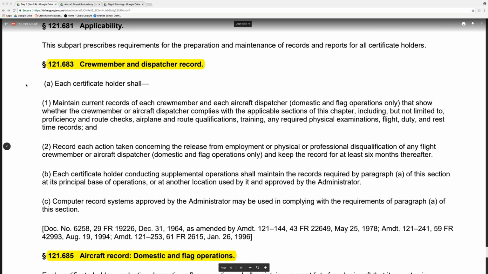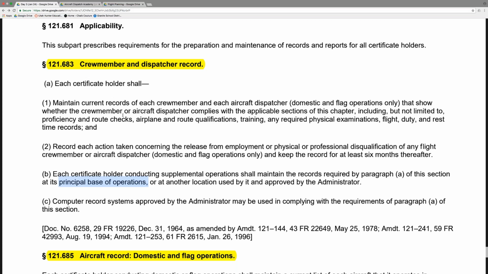All right. So basically, to sum this up, what it's saying is that the air carrier or certificate holder is responsible for keeping the records of each one of their employees, okay? And they have to keep those records at their principal base of operations, so at their headquarters, okay?